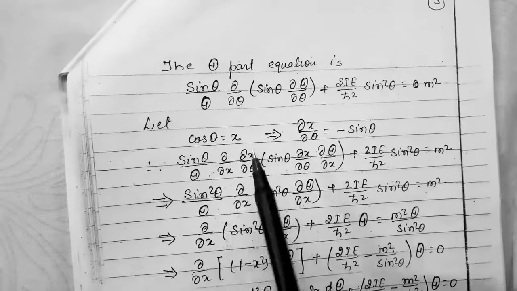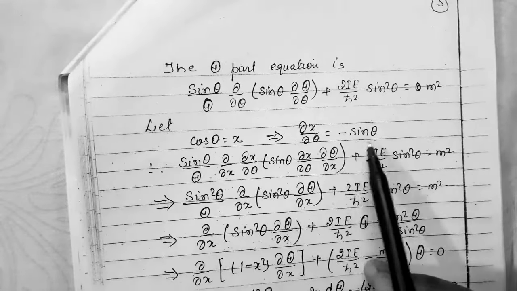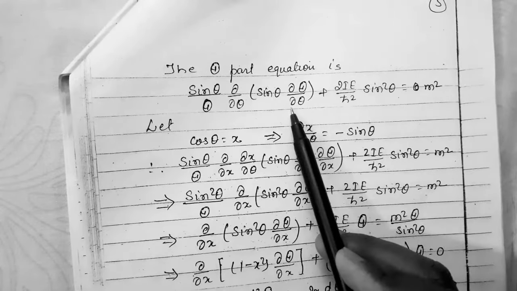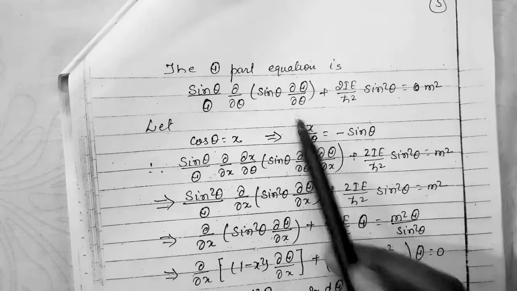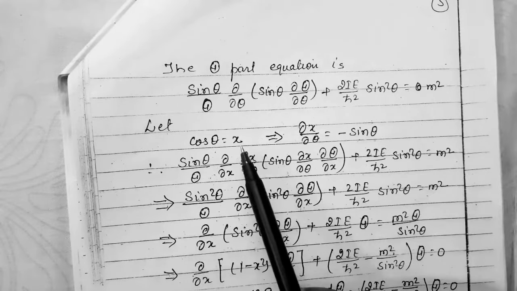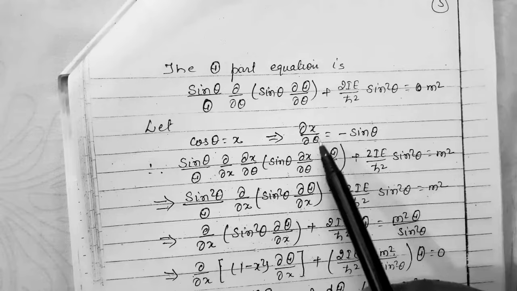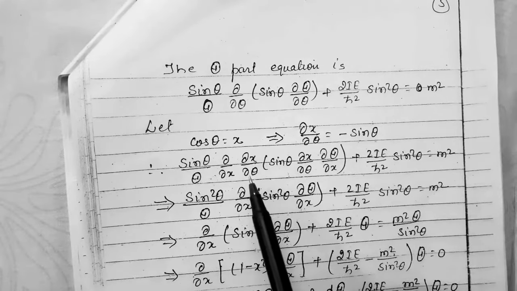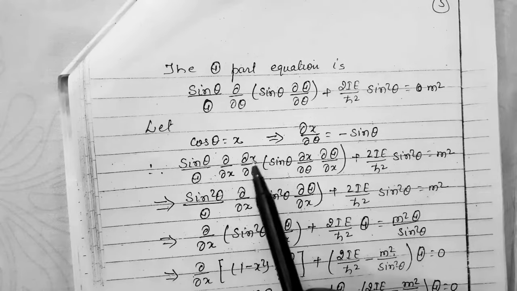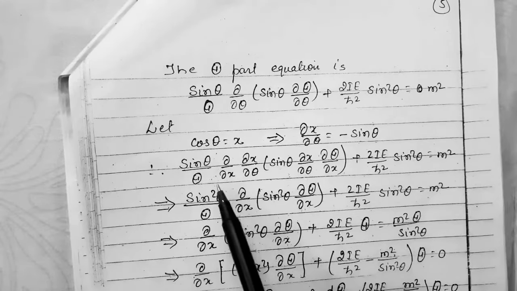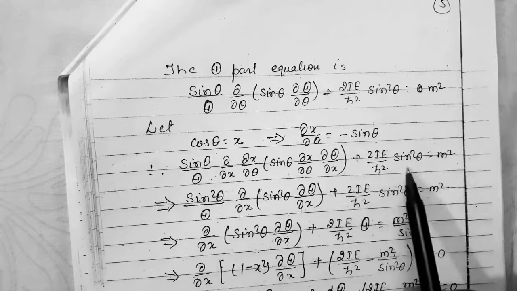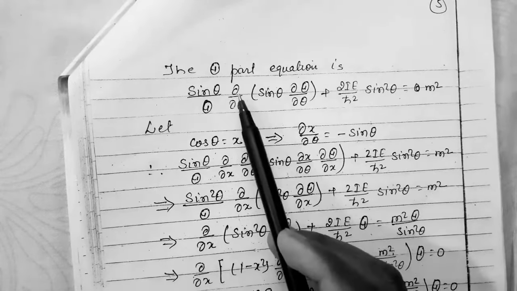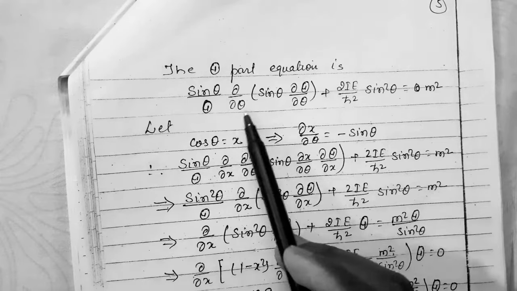When we differentiate cos theta we get sin theta. This is simple, and this has to be put in the above equation. On putting the value of x and del x by del theta, we have to further divide the numerator and denominator by del x. For solving the above terms, sin theta divided by capital Theta, there is a del by del theta.